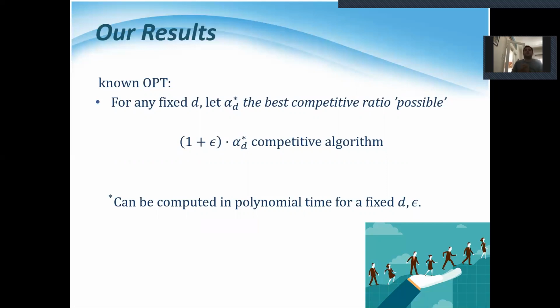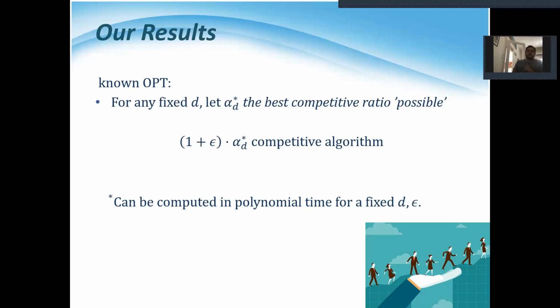So if alpha star is the best competitive ratio possible, we are able to achieve 1 plus epsilon times alpha star. And this, more importantly, can be computed in polynomial time for any fixed D and epsilon. So it is theoretically interesting that one can achieve this result if one has enough computational resources.